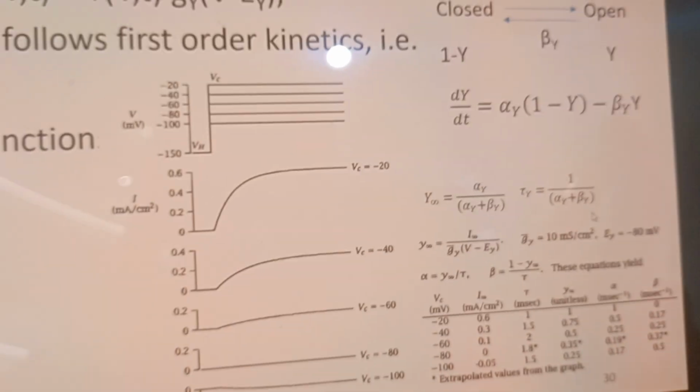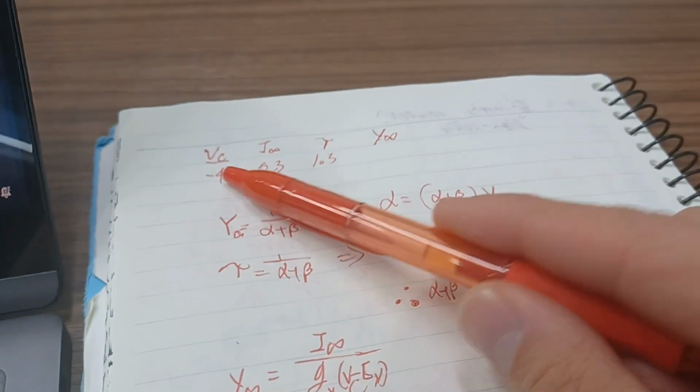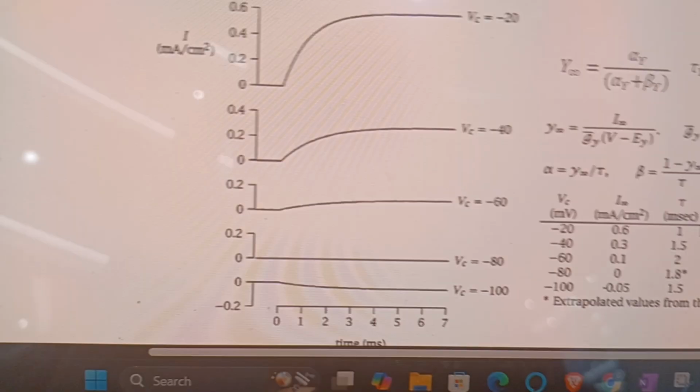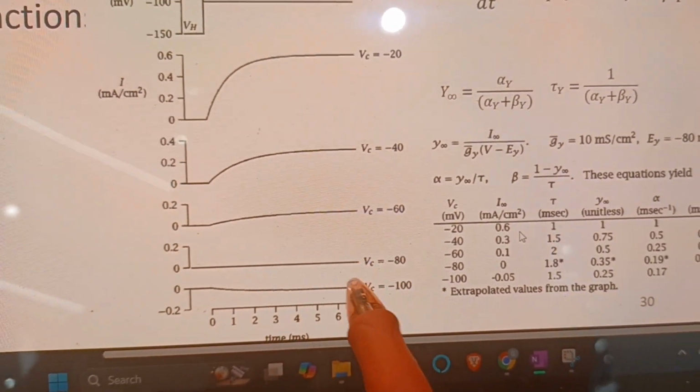So VC, which is negative 40, because that's what we're using here, and then EY is the steady state potential, so it's negative 80 when the I is 0.